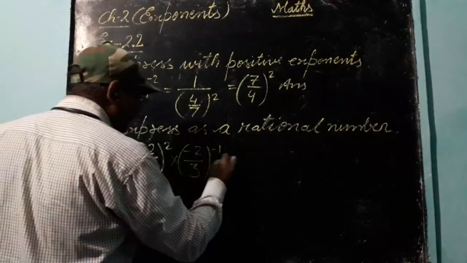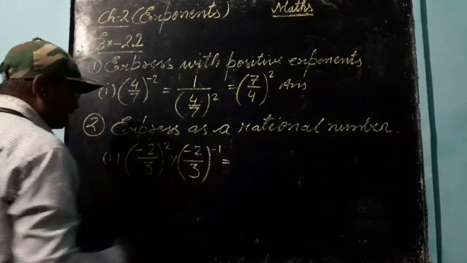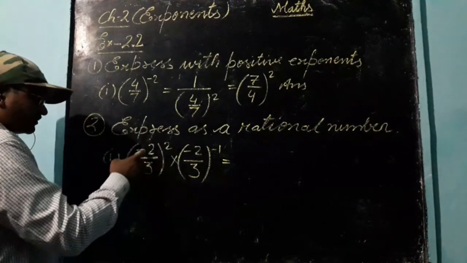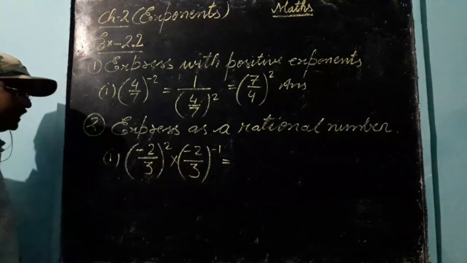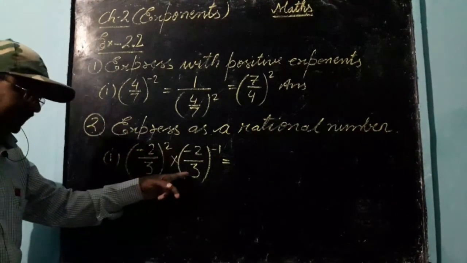Then first of all, here the given bases are the same, -2 upon 3 and -2 upon 3.